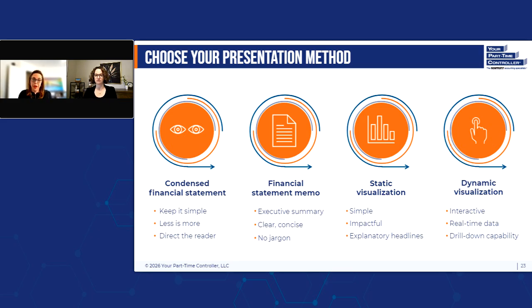If you're way in the weeds on the finances, start with a summary, condense the financials, keep it simple. Then work towards a financial statement memo, then work towards visualization in some more meaningful way. But starting somewhere is better than just continuing to give the same thing that you've always been giving. So hopefully that helps you.